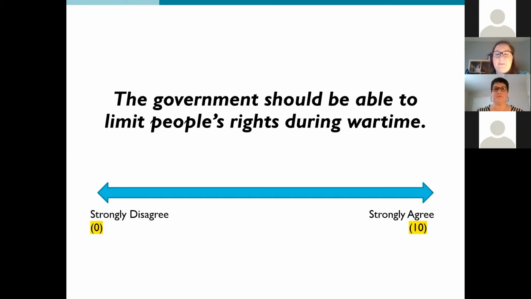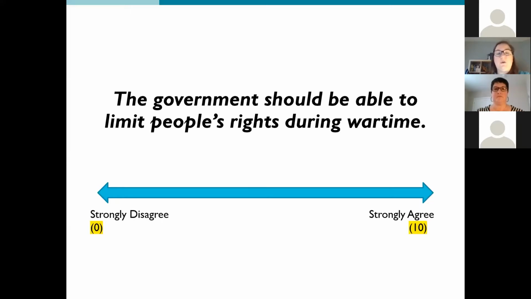This is emulating our take a stand strategy that we typically do with teachers during professional developments, where you have a continuous scale and you ask students to place themselves on that scale. We obviously can't do this in person, but you can do this in the chat box. Think about where you would stand on this claim about whether the government should be able to limit people's rights during wartime.